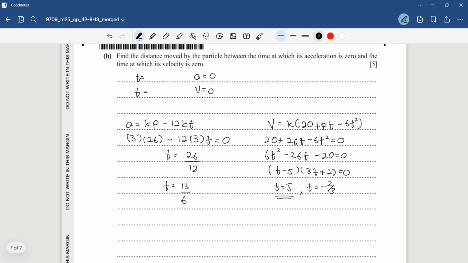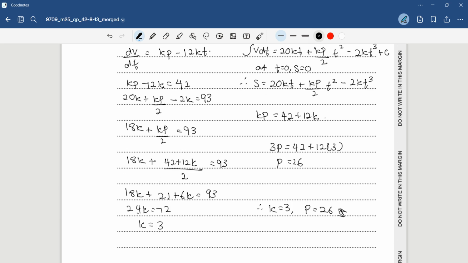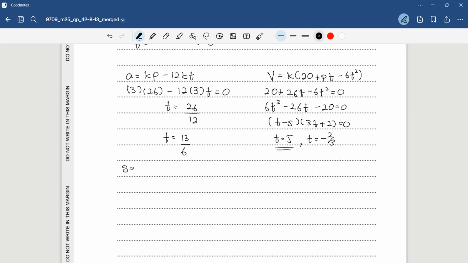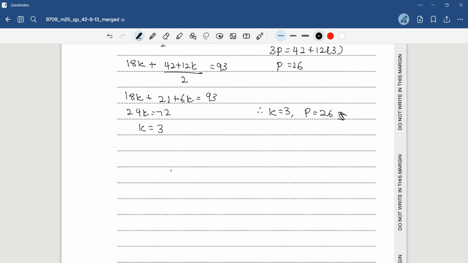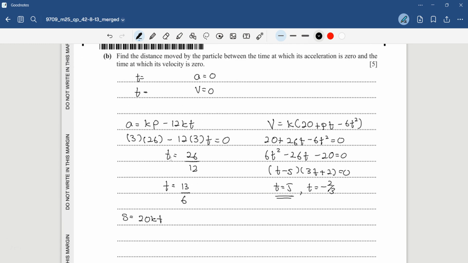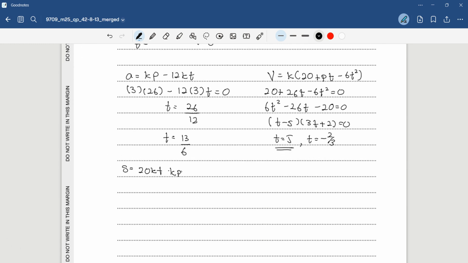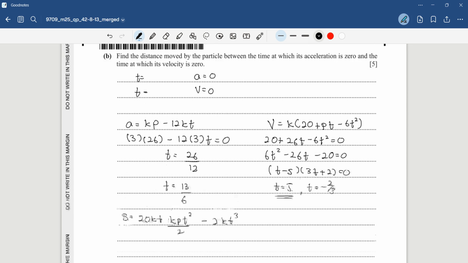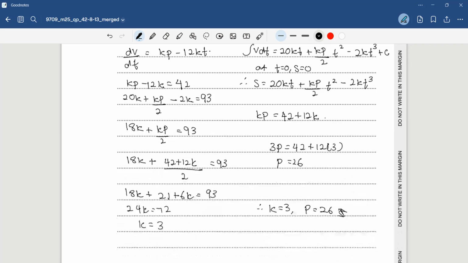Okay. Since I already have the S formula, my S just now is 20kt plus kpt squared over 2 minus 2kt cubed over 3. Am I correct? Yes.